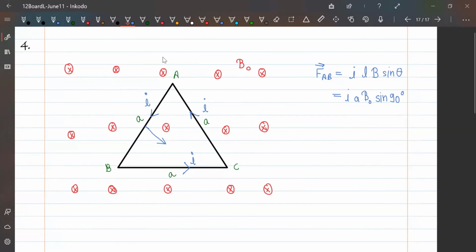That will be the force on AB. So I will write the direction like this only. Okay, that's the direction. Similarly, calculate the direction on BC and CA, and then calculate the net force.